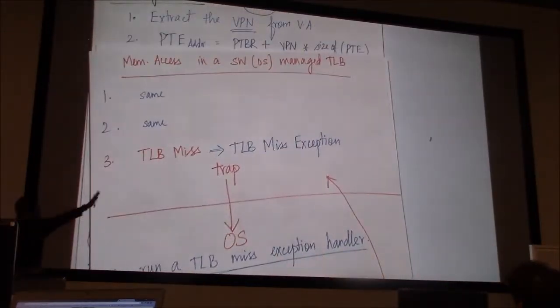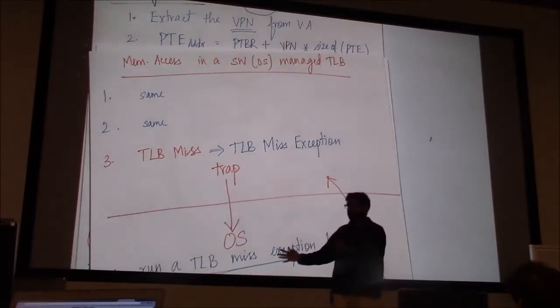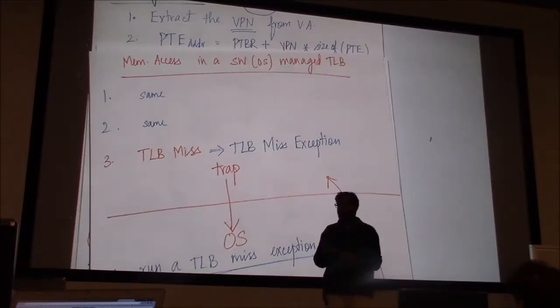So the hardware now knows that okay, the TLB miss has been handled. Now what should the hardware do? Should the hardware execute the current instruction or should the hardware execute the next instruction?